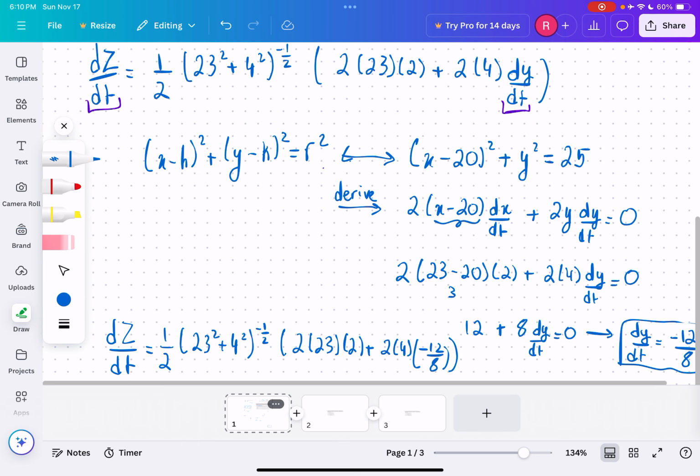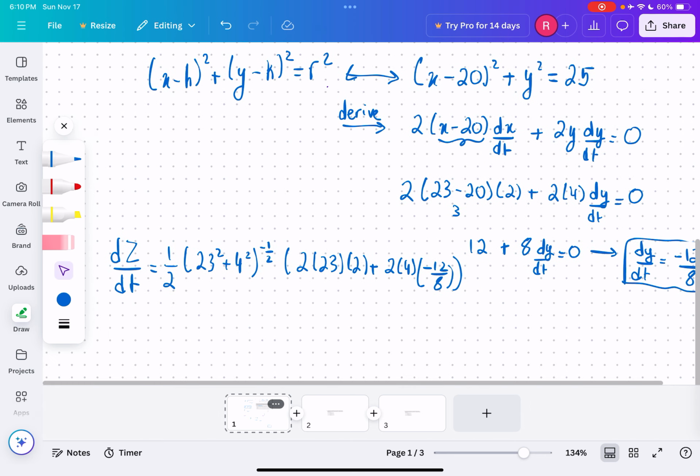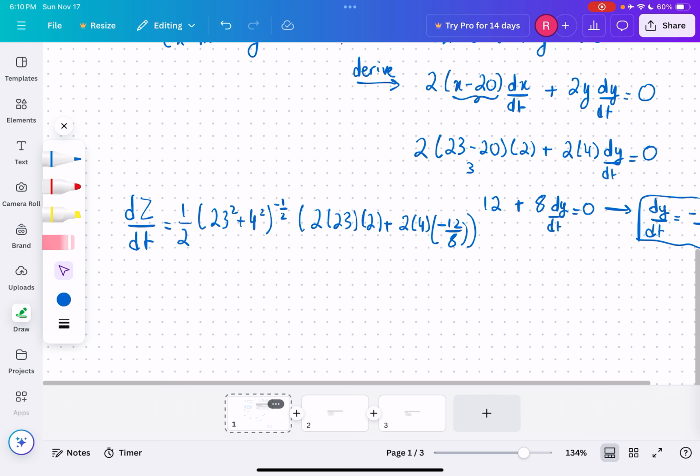First of all, let's start with 23 to the power of 2 plus 4 to the power of 2. This is going to be 545. So dz over dt equals 545, all of it to the power of negative half, over 2, times (23 times 2 times 2, which is 92.